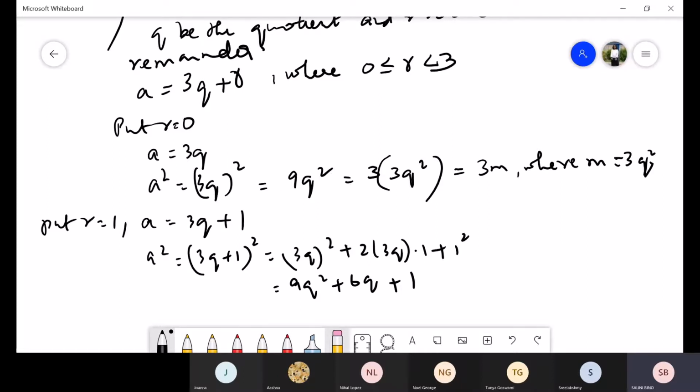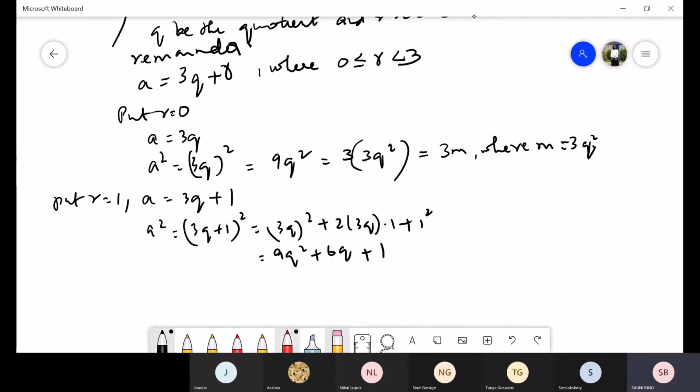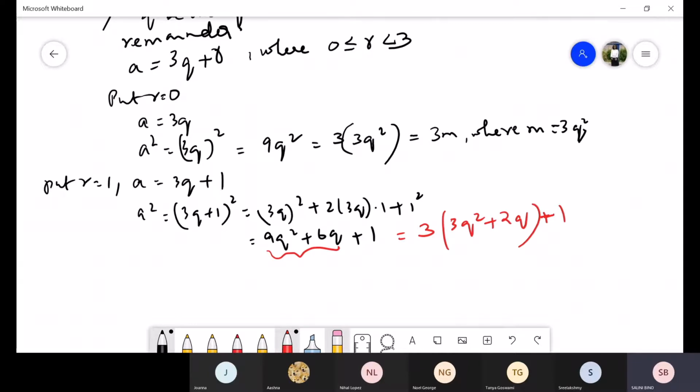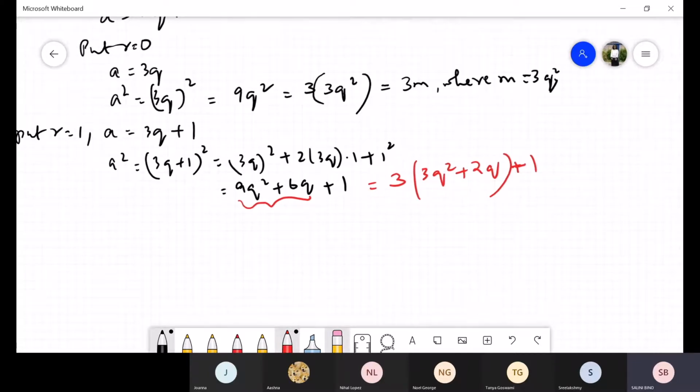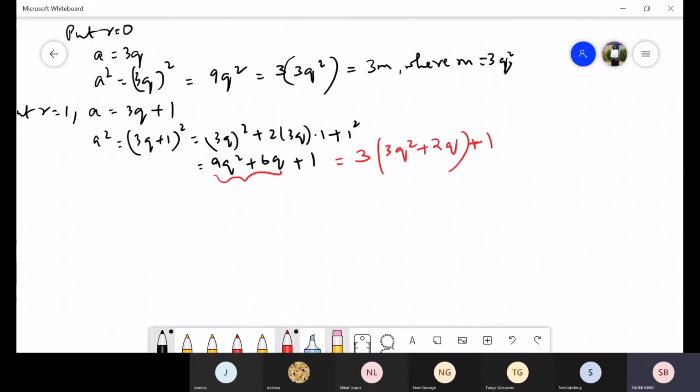Remember, we need 3m plus 1. So from the first two terms, I can take 3 as common factor. If I take 3 as common factor, I will get 3q square plus 2q, and then we have plus 1. Now this is equal to 3m plus 1, where m equal to 3q square plus 2q.